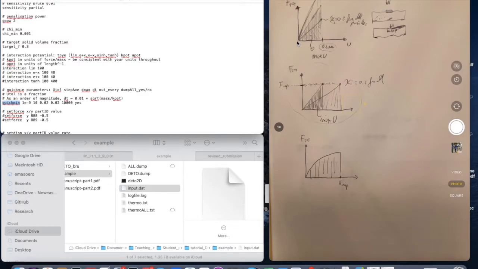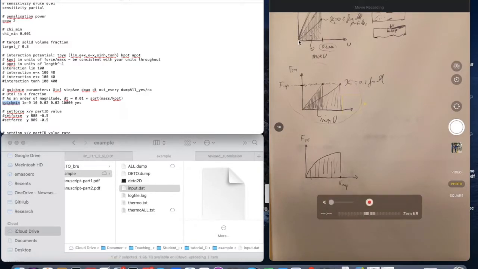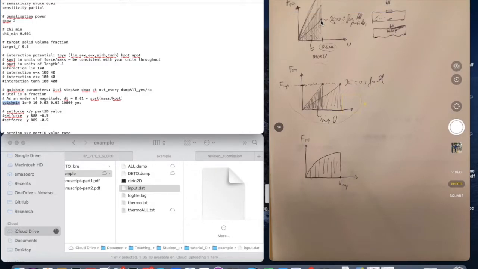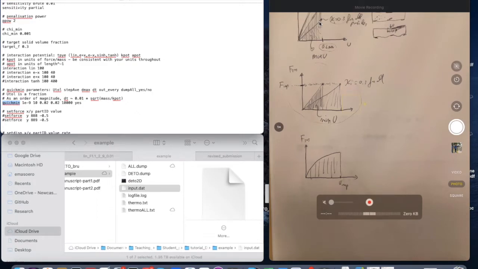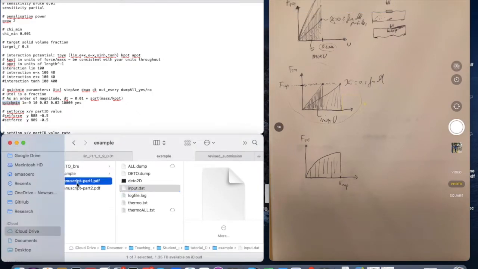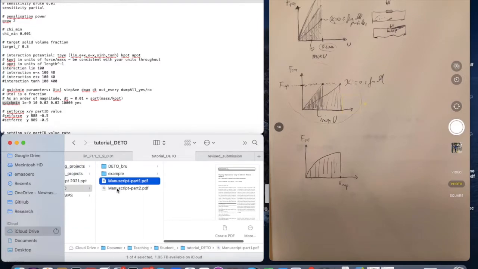So the method to find the position of static equilibrium as the displacement progressively increases until reaching the end is called Quickmin. There is a reference to the paper where this method is described. You can find the reference in the manuscript part 1 and possibly in the manuscript part 2 as well.